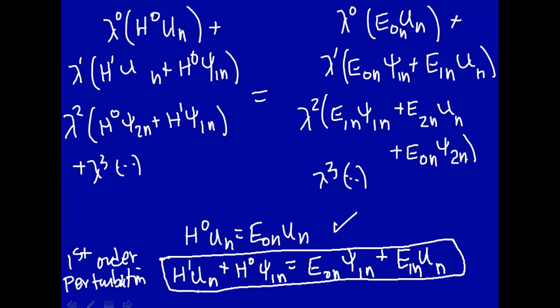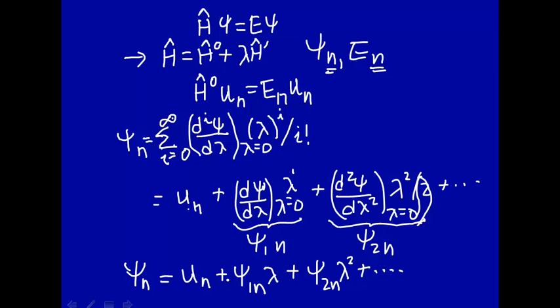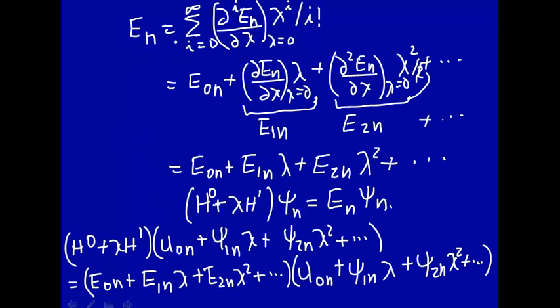All right, well, what do we want to do with this? Let's see. If we go back up a couple pages, what we're doing is expanding the wave function for the whole Hamiltonian in terms of various corrections. We start with the unperturbed, and we correct it here and correct it here. In the same way with the energy, we start with the unperturbed energy.